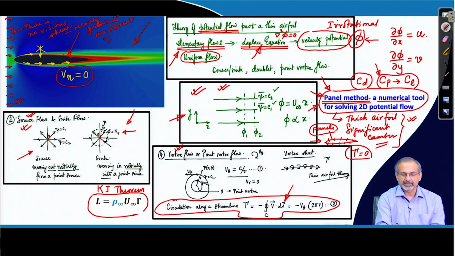Let us say a case like this: a symmetric airfoil at 0 degree angle of attack. That kind of a flow would be categorized like that. But the difference is that here it is a Navier-Stokes solution, but this technique is based on solution of the Laplace equation, and therefore, you would solve it as an inviscid one, and that too as a potential one.